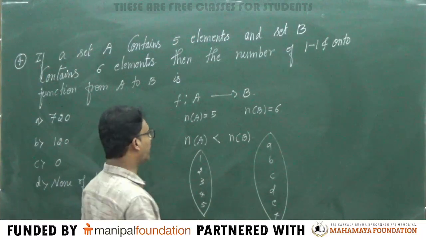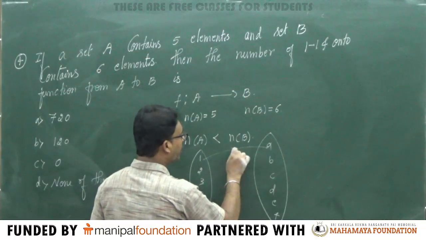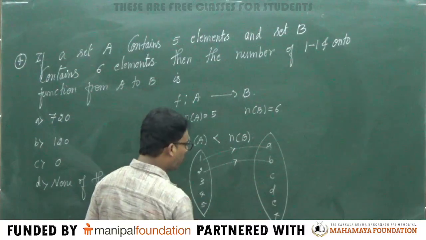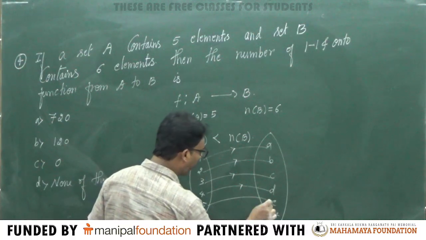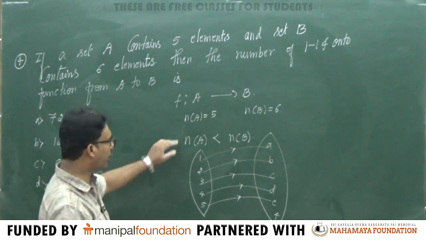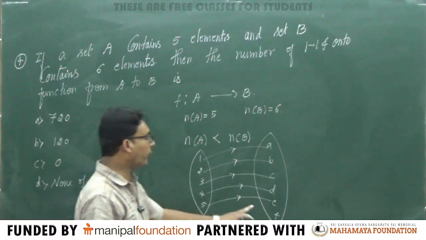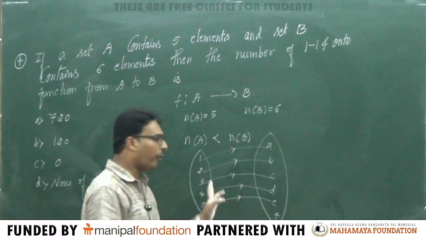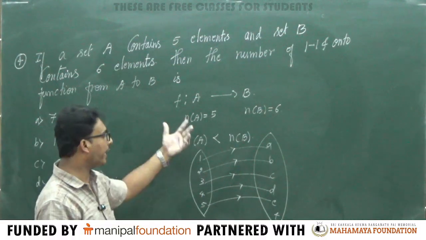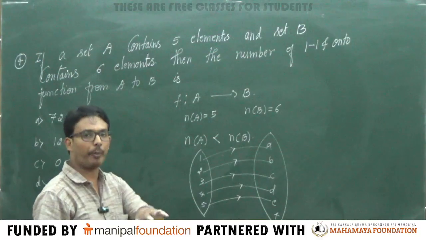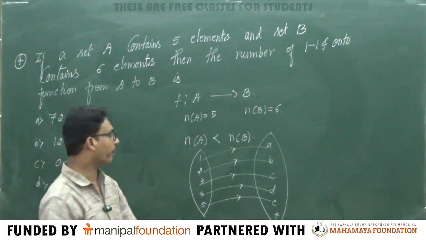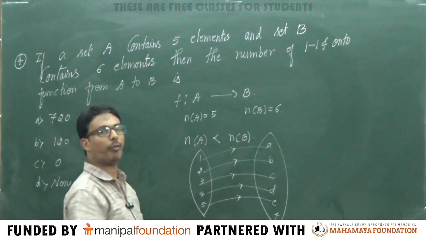For example, assume A is the image of 1, B of 2, C of 3, D of 4 and E of 5. But F is not an image of any element. If you make F the image of any one element of the domain set, then it is not a function at all, because function means each element of the domain set should have a unique image. Therefore, the number of onto functions is 0.